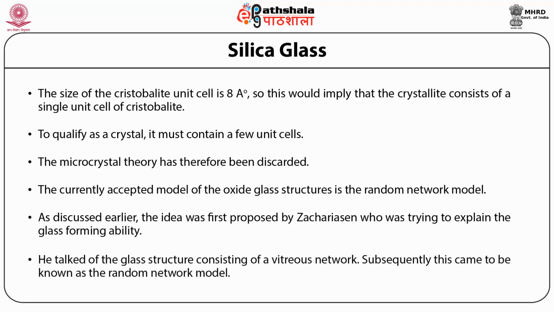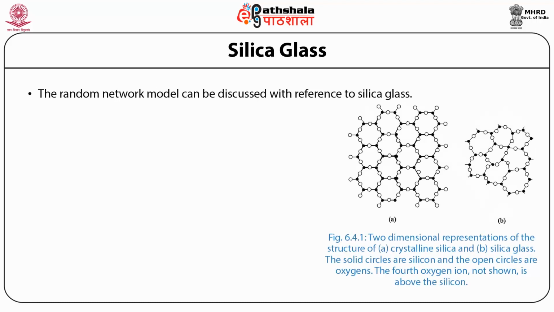He talked of the glass structure consisting of a vitreous network. Subsequently, this came to be known as the random network model. The random network model can be discussed with reference to the silica glass.